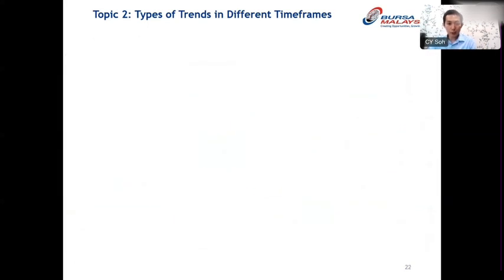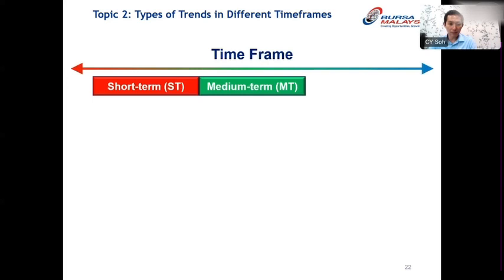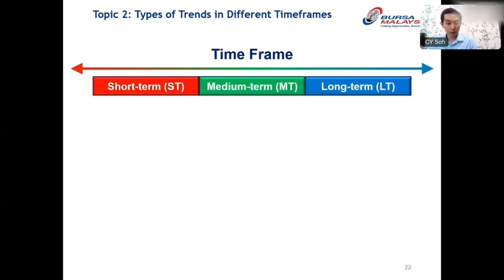Now let's have a look at the time frame. In terms of time frame, we have a short-term time frame, medium-term time frame, as well as a long-term time frame. Different people have different time frames. Today for this diagram, we will be focusing on the futures trading context. Everything in this time frame, we will primarily look at from the perspective of futures trading.